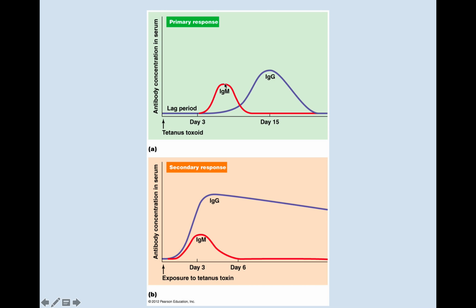IgM after 7 days, we get the highest titer, highest amount. As IgM depletes, IgG is building up. After 2 weeks, we get the highest titer. So in a primary immune response, we get the antibodies and we get memory cells produced.